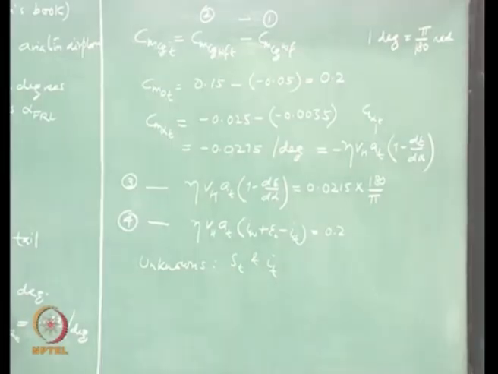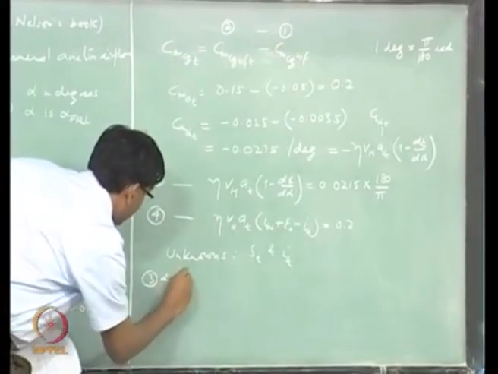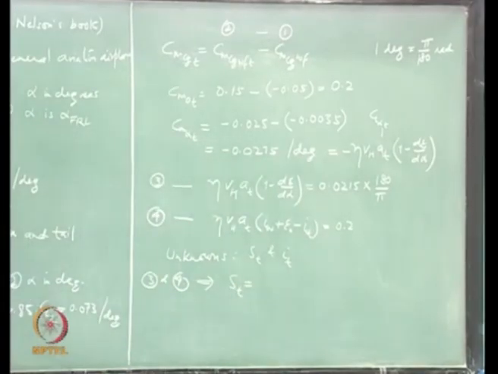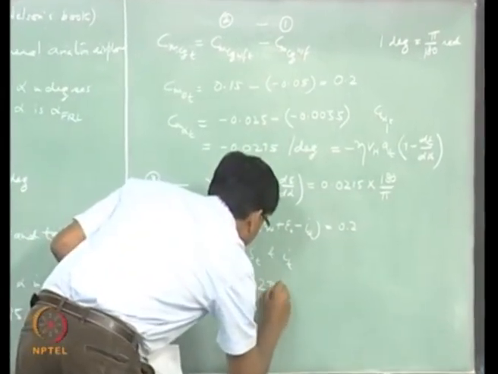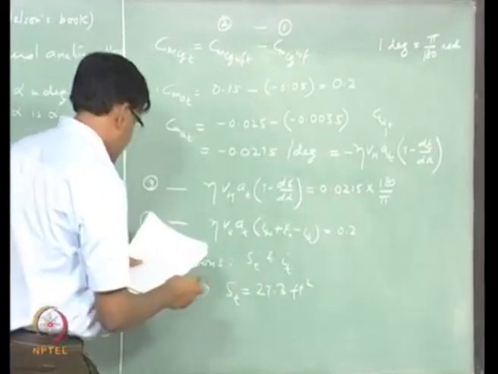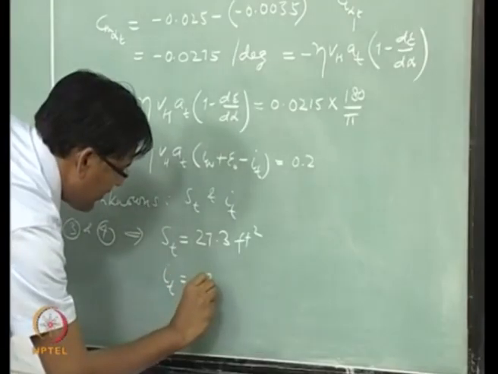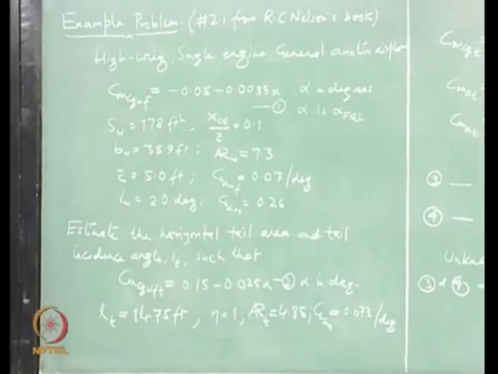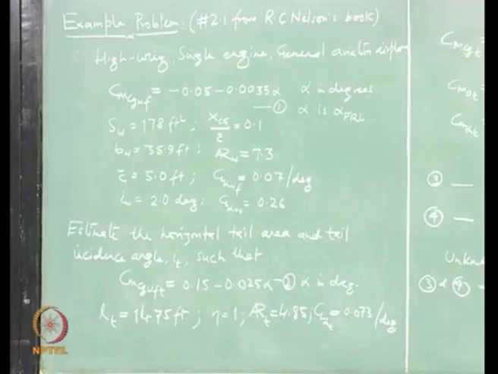So using 3 and 4, you can find out the tail, the horizontal tail area, which is... now this tail setting has to be negative, okay, if you want to achieve the C_M,CG of the wing fuselage tail combination with this, right. Is that clear? Okay.